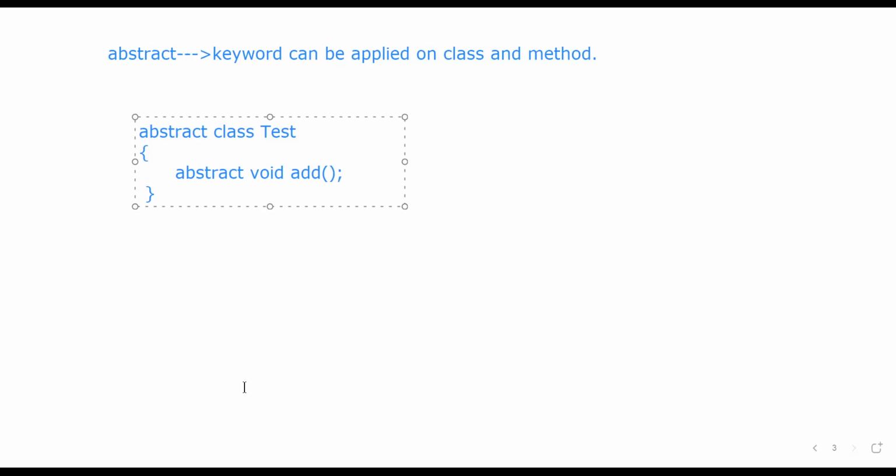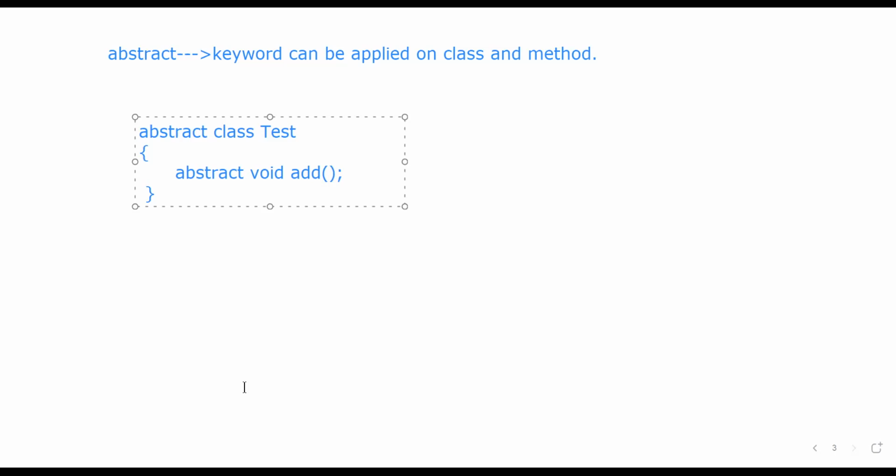In the place of class name, whichever class object you are creating, that name will come. For example, if Plane is the abstract class and you create an object of that, Plane will come in the place of class name. If it is Calculator, it will come as Calculator. Clear, guys? Yes, sir.